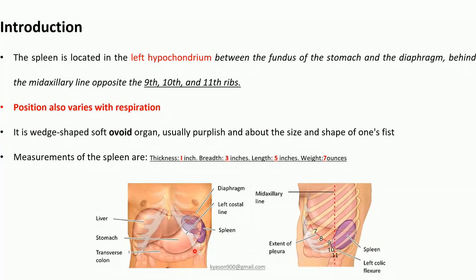If you tell the patient to take a deep breath, you can easily feel the bigger part of the spleen on palpation. Of course, the weight is about 7 ounces, around 200 grams. So these odd numbers, 1, 3, 5, 7, 9, 11, can easily help you remember these few details of the spleen.